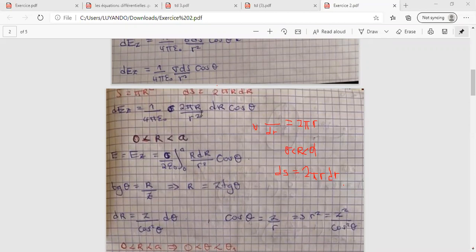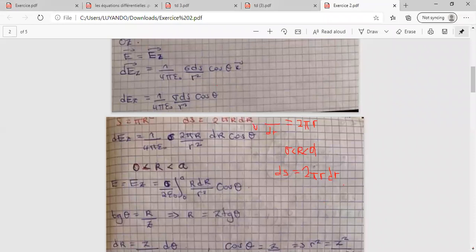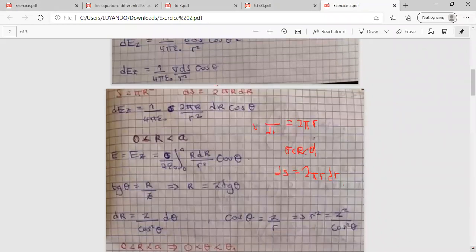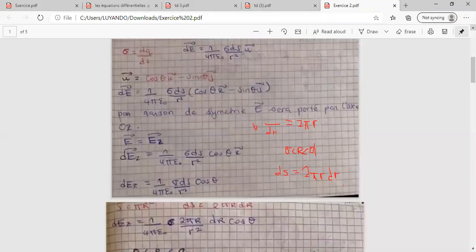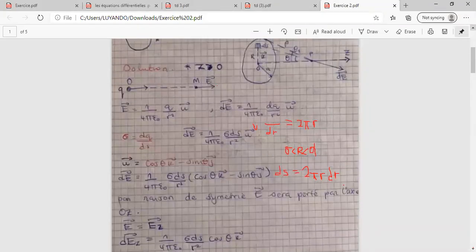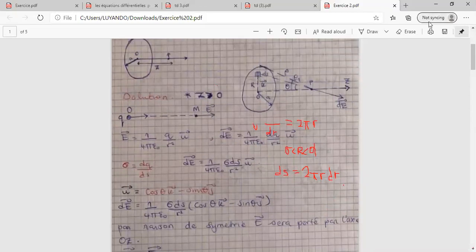And then for cos, my cos theta is equal to adjacent over hypotenuse.